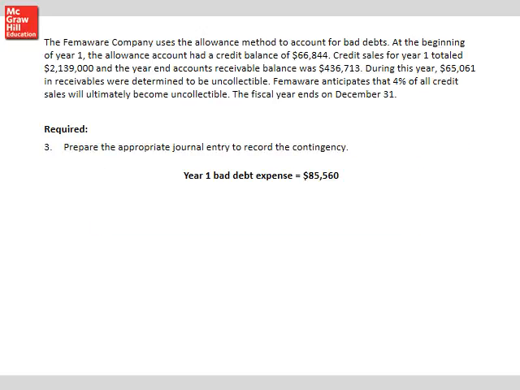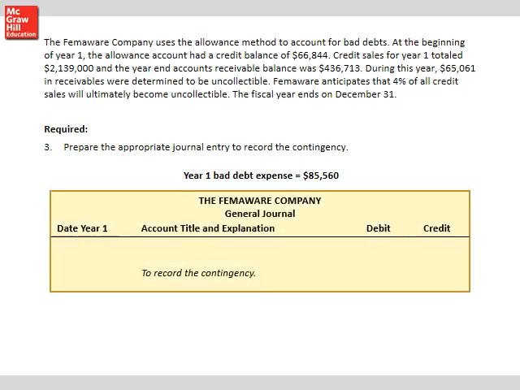Prepare the appropriate journal entry for the year 1 for the contingency. Okay, so we're going to have bad debt expense for 85,560, and then we're going to have allowance for uncollectible accounts for 85,560. Now notice here that the allowance account had a credit balance of 66,844. Why did we not use that at this point?